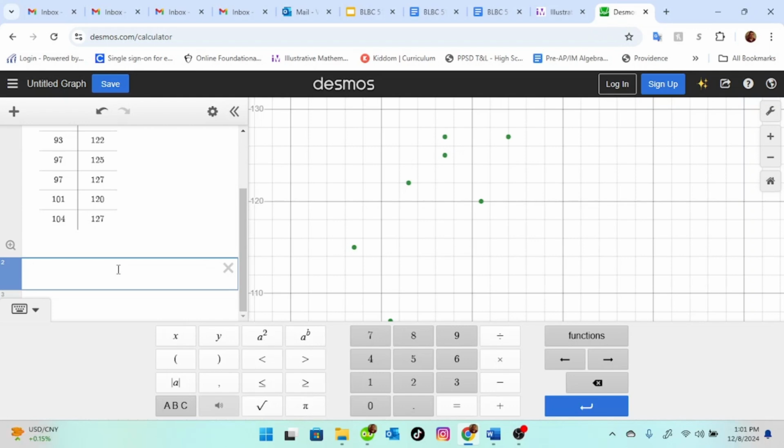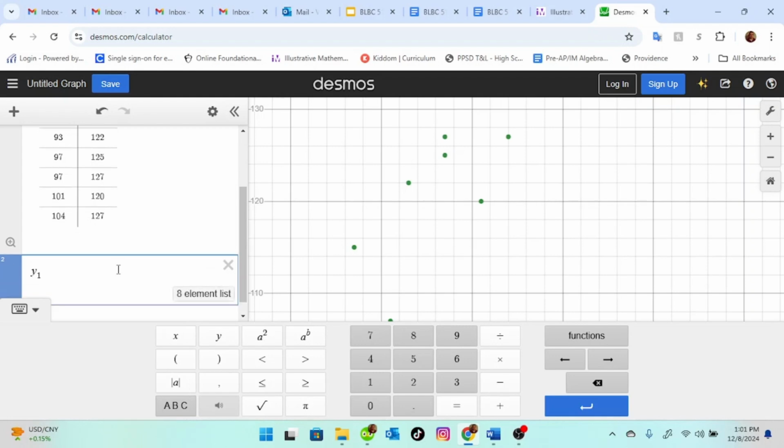So we want y sub 1, which you get by just typing y and 1. Then, because this is a line of best fit, we are approximating the fit. We are going to use a tilde instead of an equal sign. And you can find that tilde by hitting Shift, and then there's a key usually right next to your 1 on your computer keyboard.